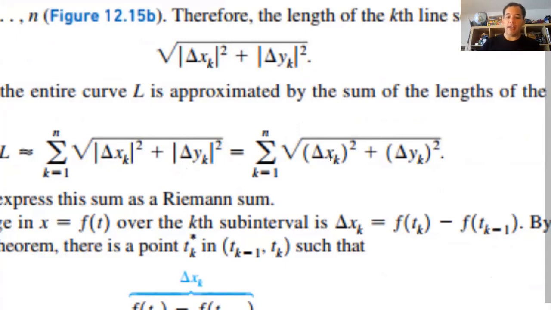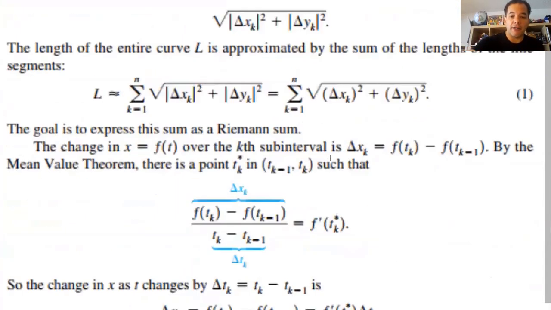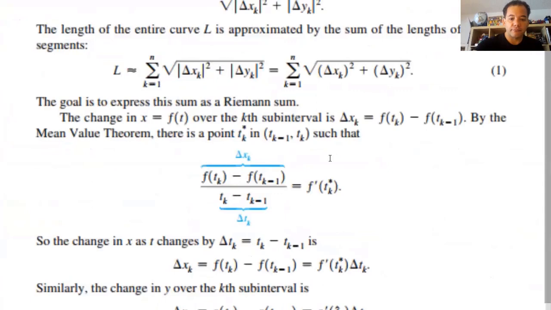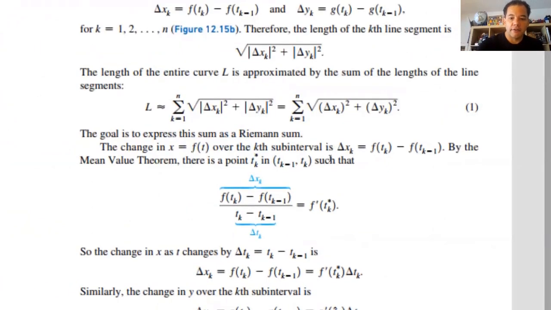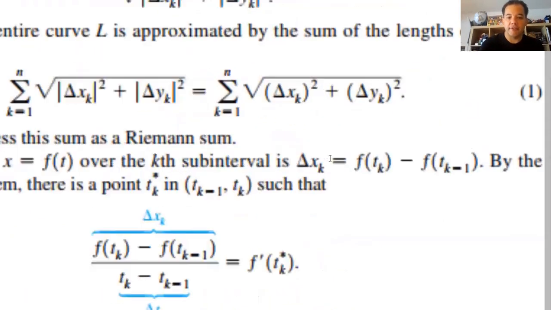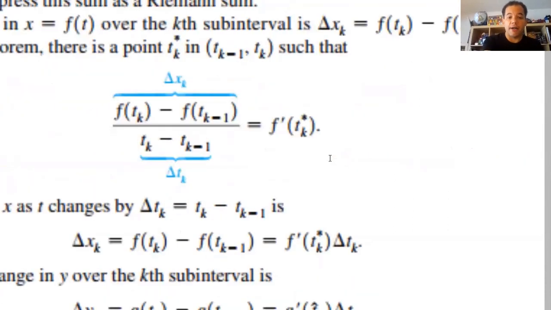The way we can make it into a Riemann sum is by remembering that the change in x is the change in the function f, and then using the mean value theorem, we can divide by the change in t, because we want to relate it to t, times the derivative at a point in between t_{k-1} and t_k.